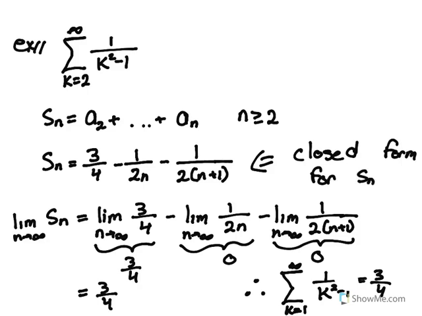So in general, we're going to develop a lot of techniques to determine if series converge or diverge, coming later today and in the next few lectures. But before we do that, let's look at some properties of series.